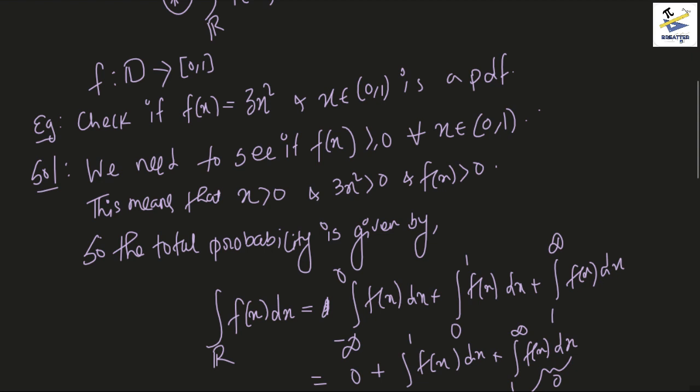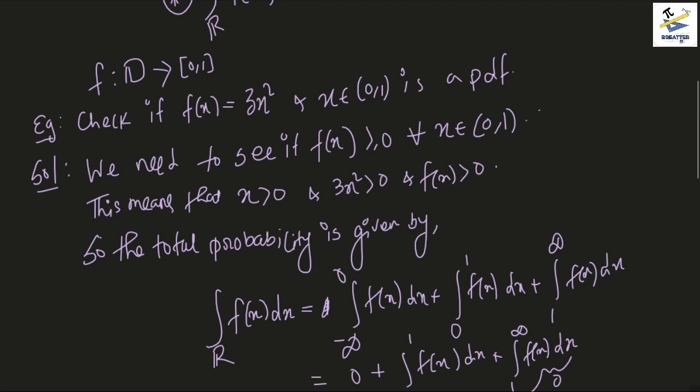Now when we integrate over the whole real line, we understand that this function is only defined for x belonging to 0 to 1, and for other intervals of the real line it is 0. So except for the interval 0 to 1, it is 0 everywhere else, right?